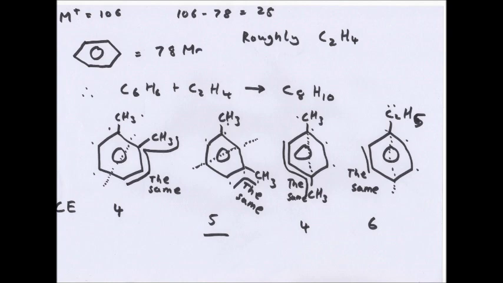Because if you think of something where you have symmetry, the points on the line of symmetry also count as a new carbon environment because they're not repeated. So you have 1, 2, 3, 4, 5. And then the other 3 are the same. So you have 5 carbon environments.